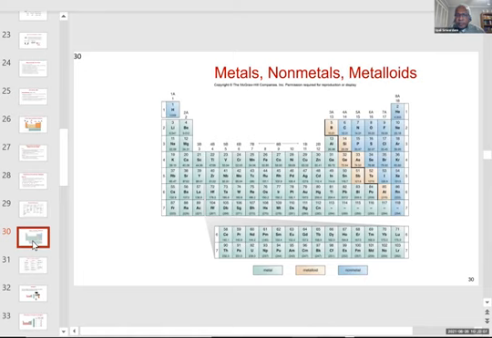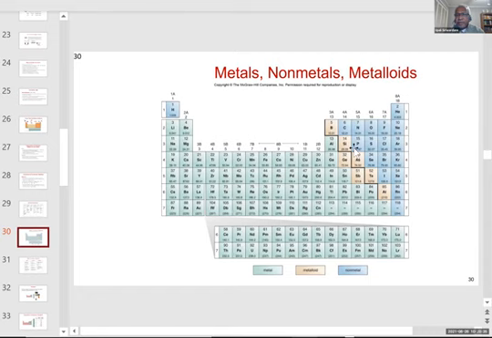The ones in the blue boxes are called non-metals. Metals include the lanthanides and actinides. Even though hydrogen is found among the metal group, it's not considered a metal. Hydrogen is a non-metal. So these have different properties.